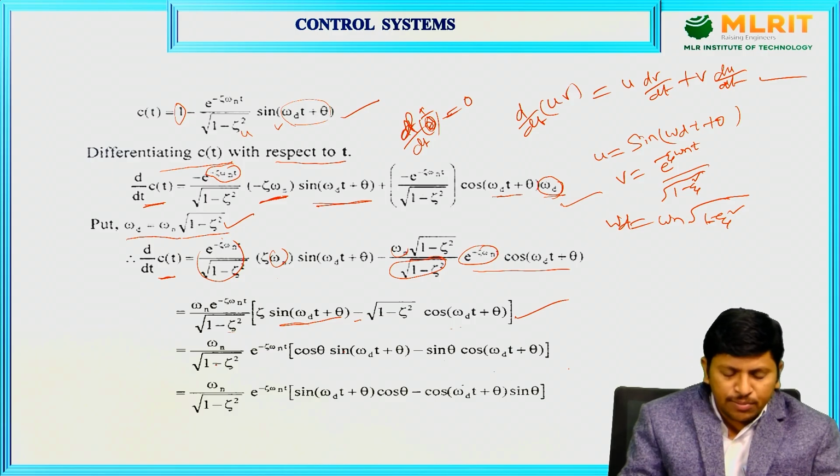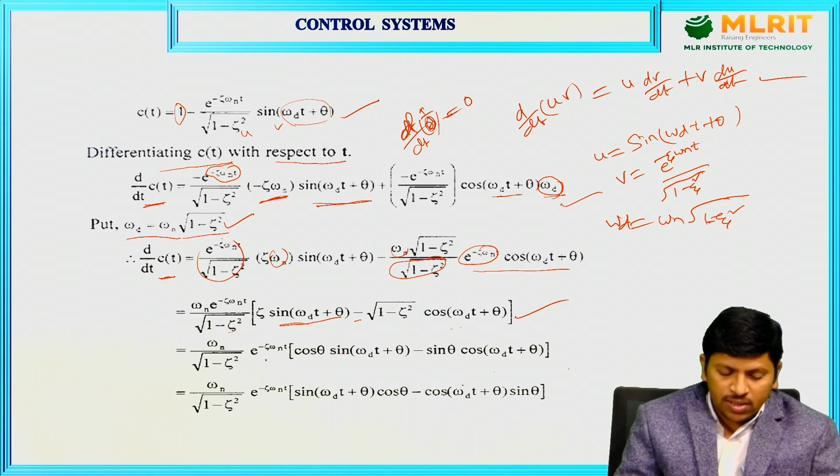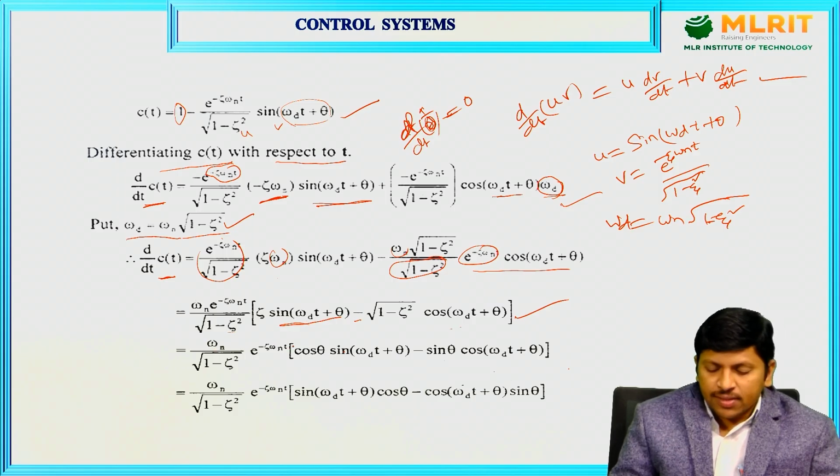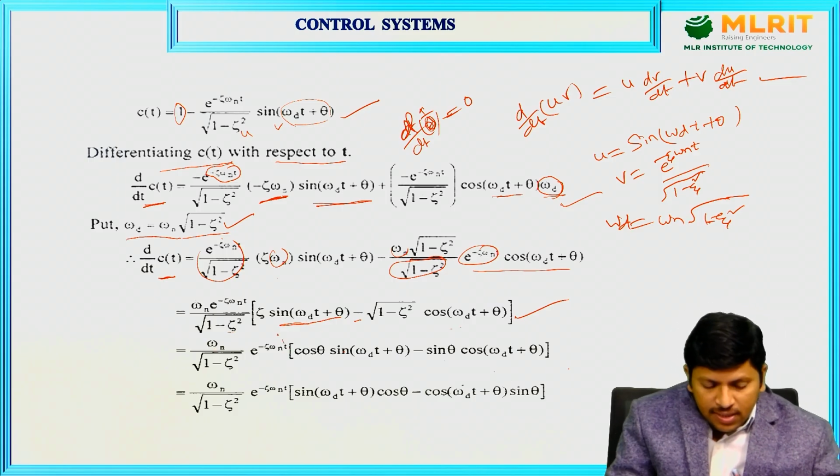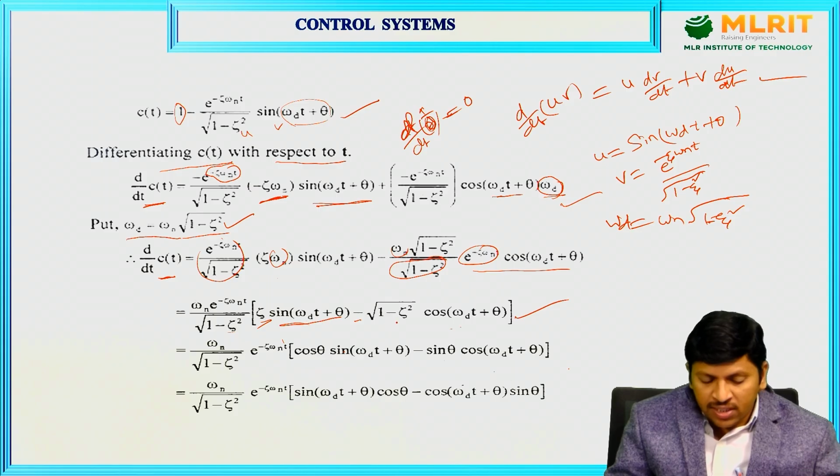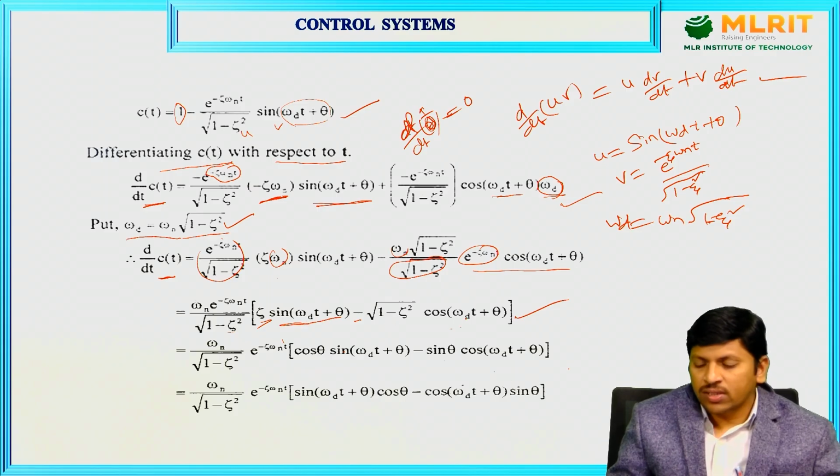Next, observe e power of minus zeta omega n t and under root 1 minus zeta square. So here I am writing omega n. See here, zeta is there, under root 1 minus zeta square, sin theta is there, cos theta is there.